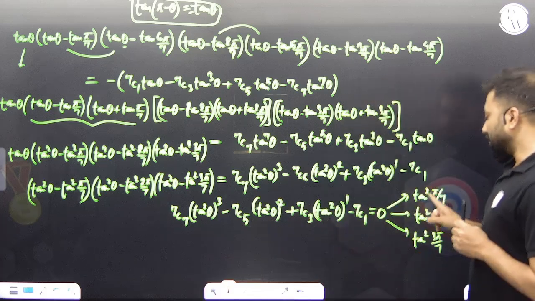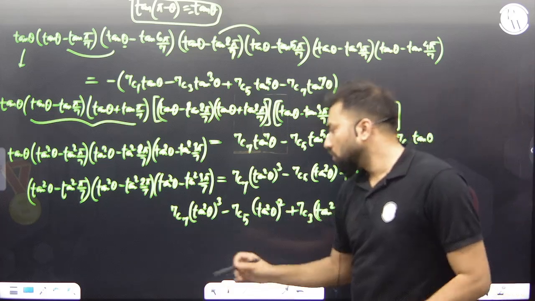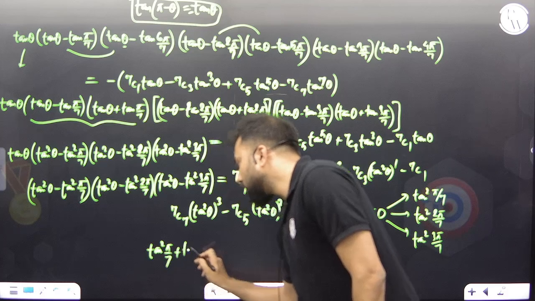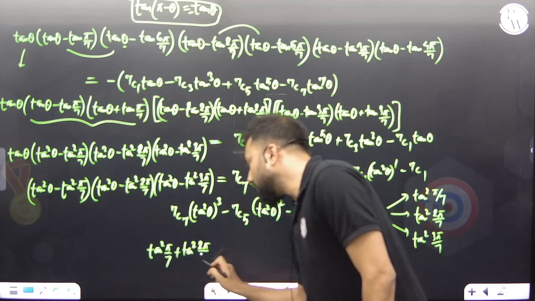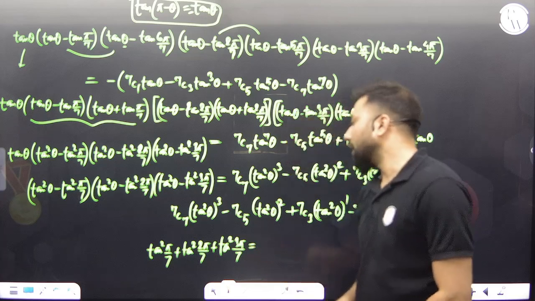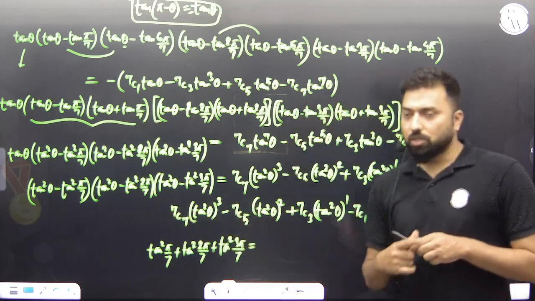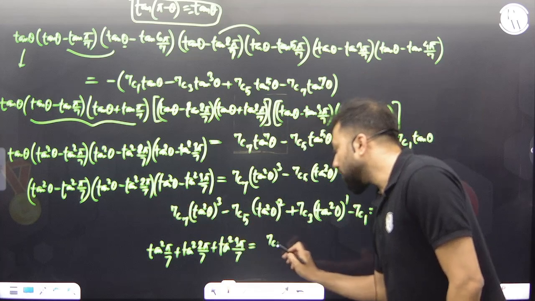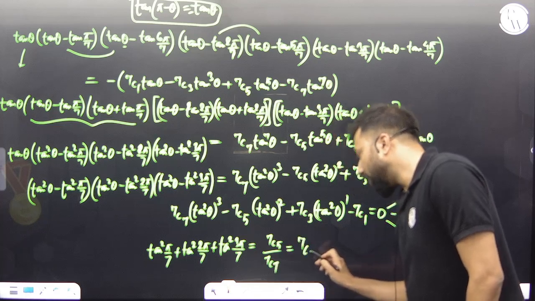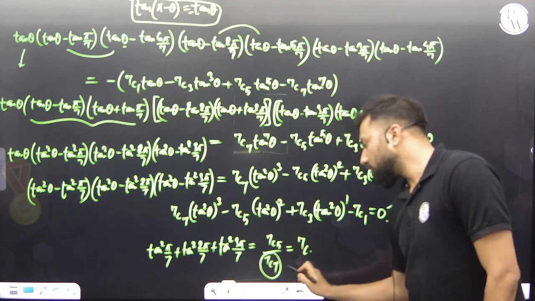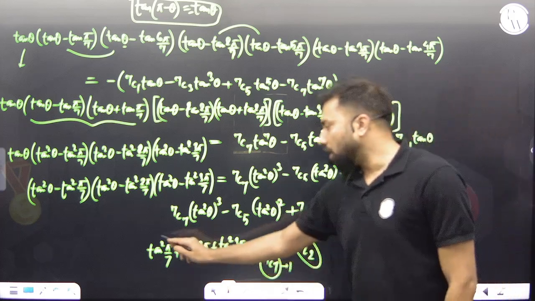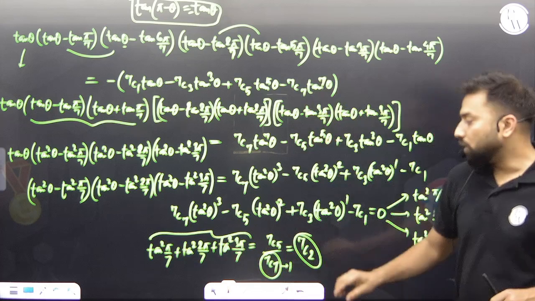So the sum tan²(π/7) plus tan²(2π/7) plus tan²(3π/7) will become negative of this upon this, which is 7C5 upon 7C7, basically 7C5. This value is 1 here, so this will become 7C5 or 7C2. Eventually the sum of these values will be equal to 7C2.